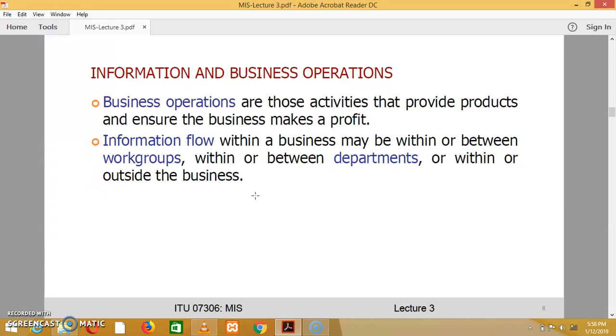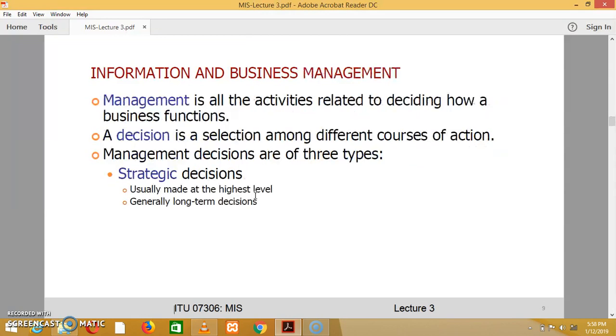We know that information within businesses passes according to the department and the work group. So we should understand how we can integrate information systems in businesses by understanding basic concepts like management and decision.